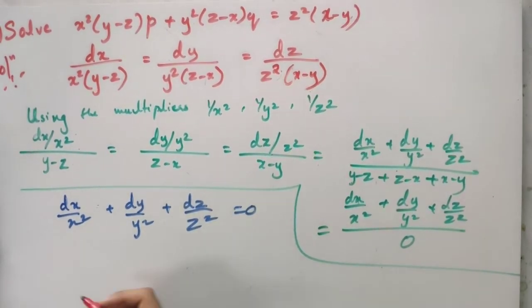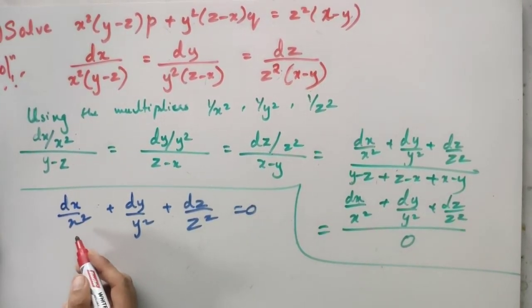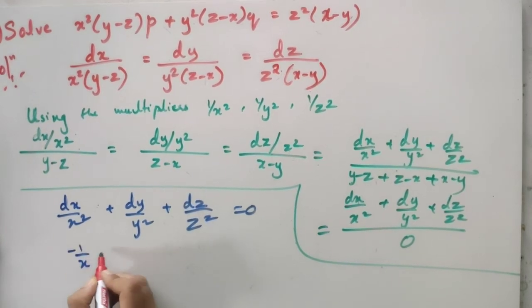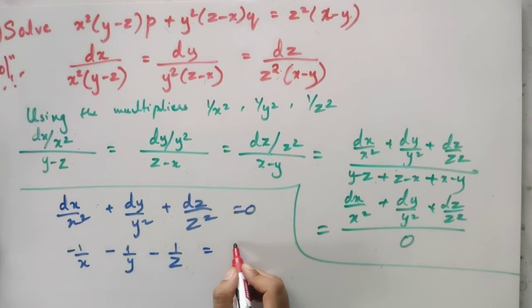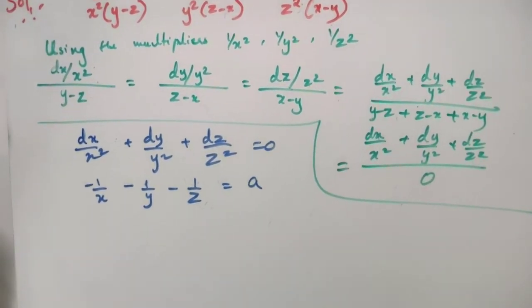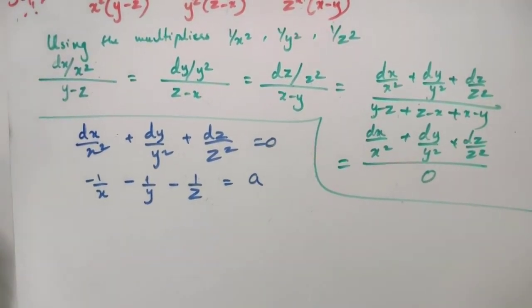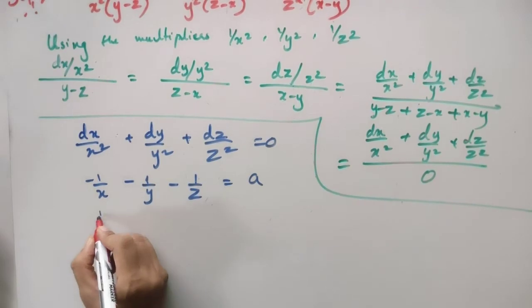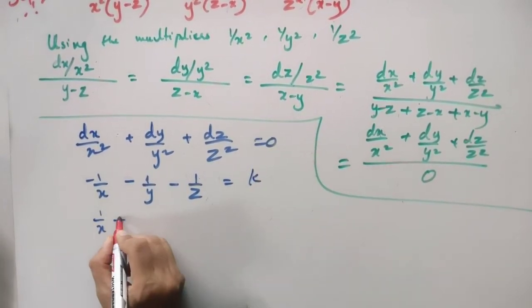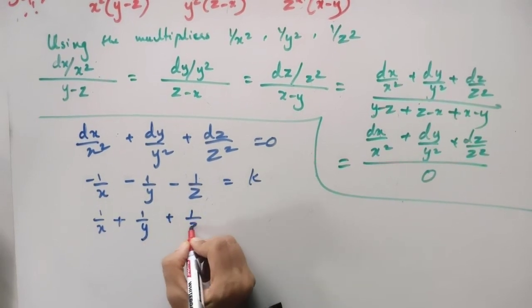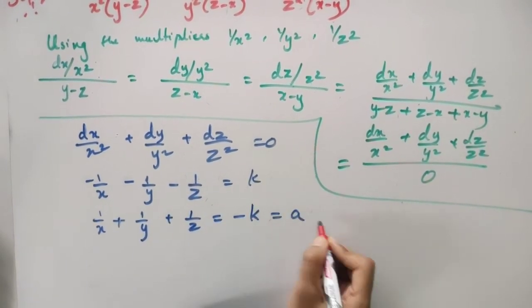On integrating, what is integration of this? It will be minus 1 by x minus 1 by y minus 1 by z is equal to some constant, say a. Or 1 by x plus 1 by y plus 1 by z is equal to some constant k over here, minus k, which I am calling a.